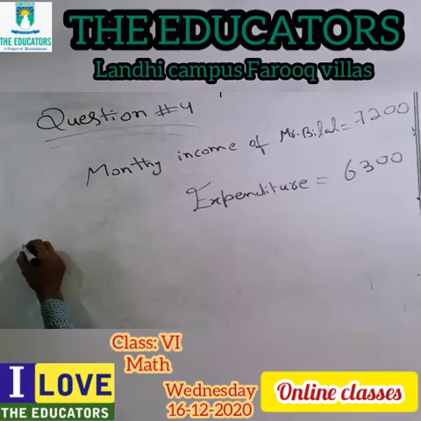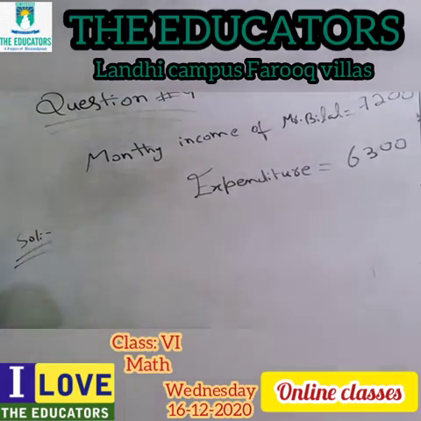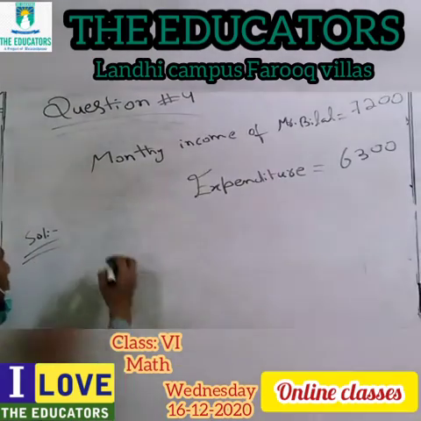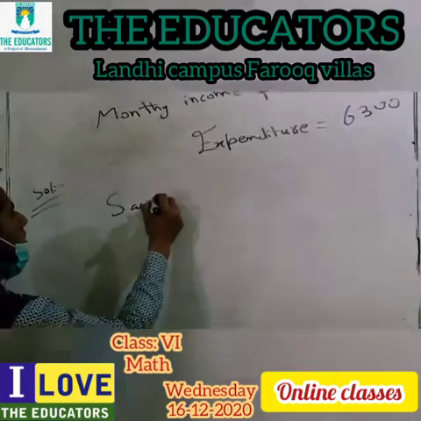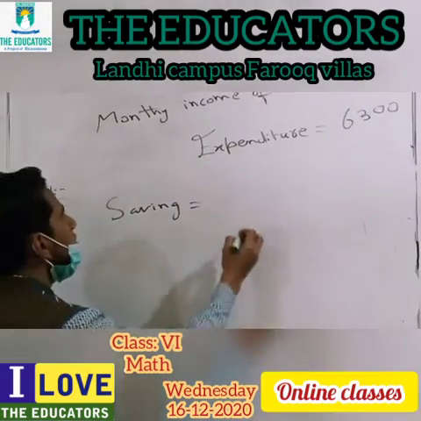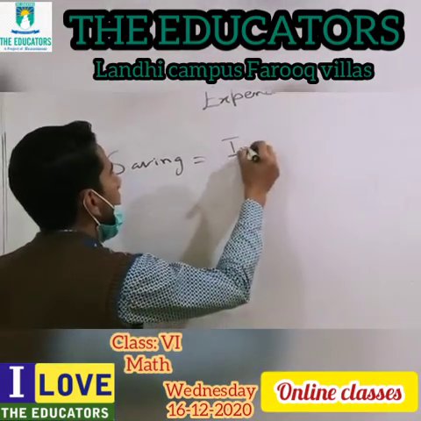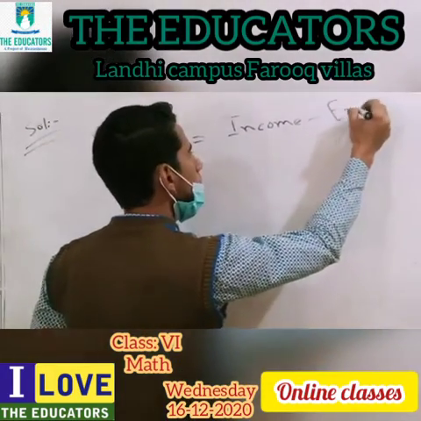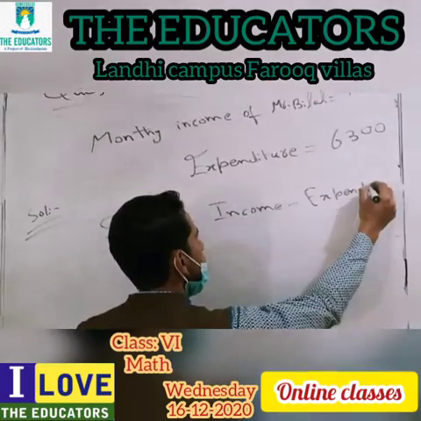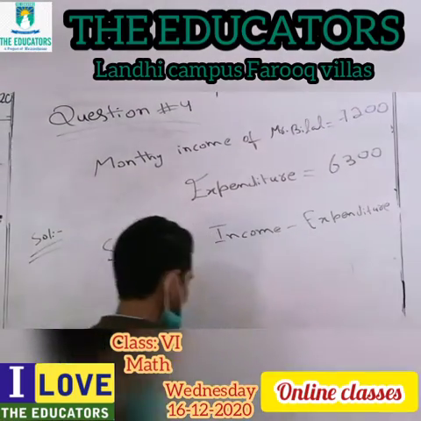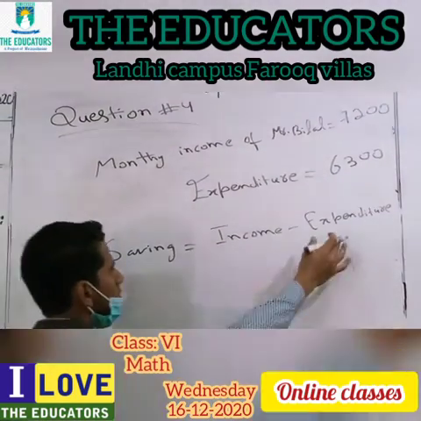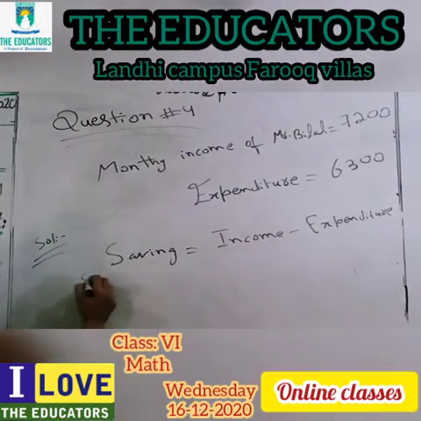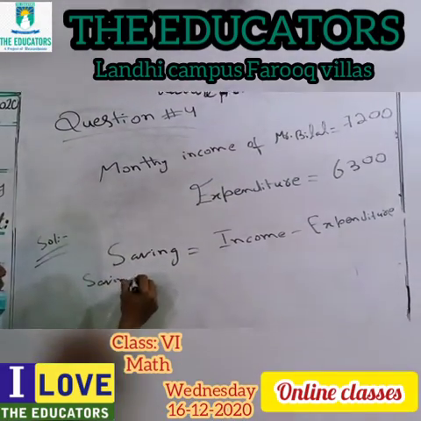Now first we will work to find out what's their saving. So saving is equal to income minus expenditure. Okay, you simply have to subtract expenditure from income. Okay, so saving can be calculated by using this formula here.